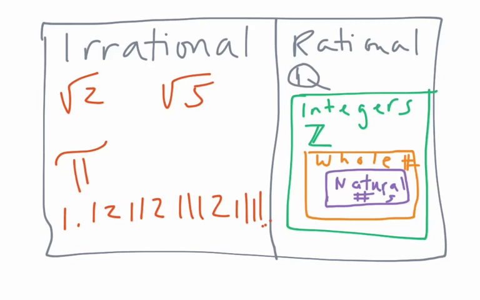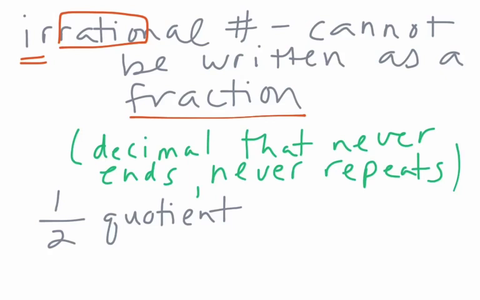In terms of what's really important for you to know for this class, you do want to know what a real number is. You want to know that real numbers are on the number line somewhere. You want to know the difference between irrational and rational. Irrational numbers cannot be written as a fraction, or you can think of it as a decimal that never ends and never repeats.